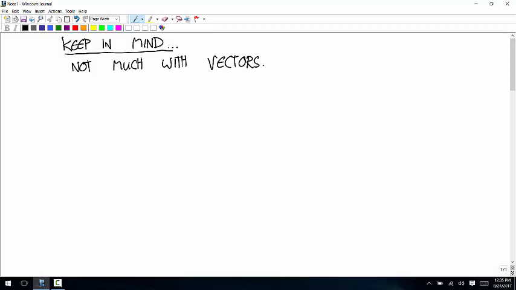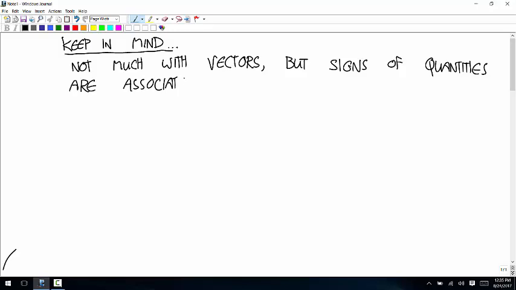And so you can think of the signs of quantities as being associated with direction. And keeping that straight, using the right sign convention, is going to be a key to all of this stuff.